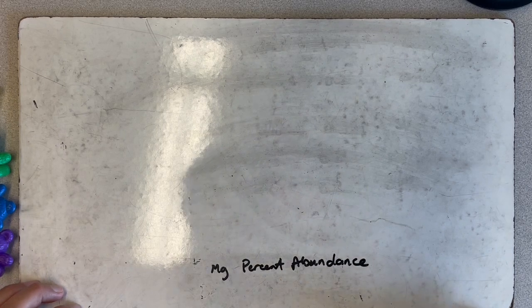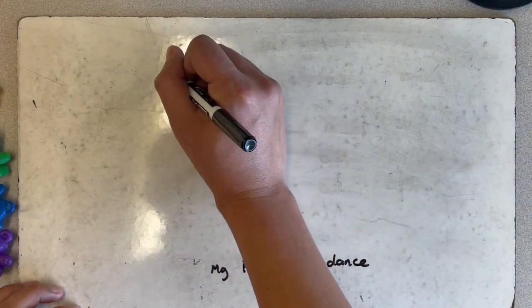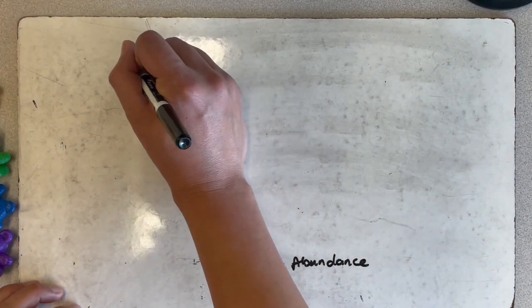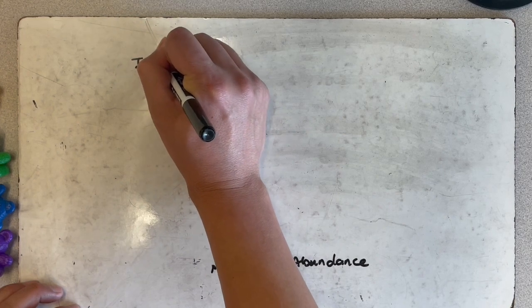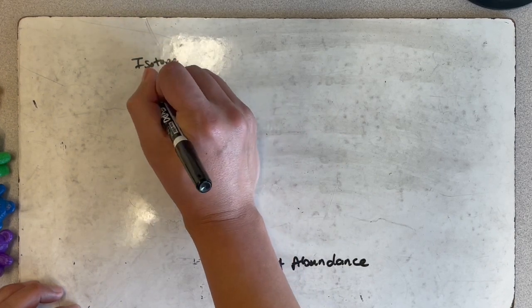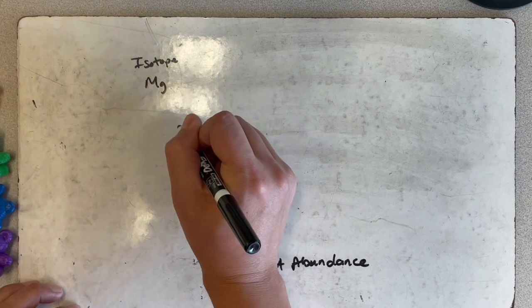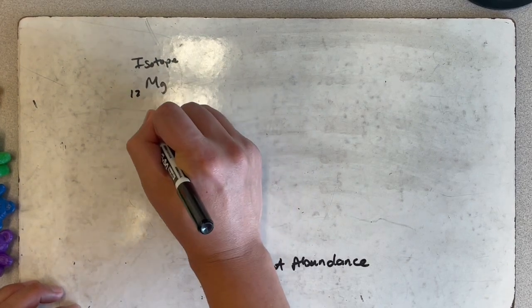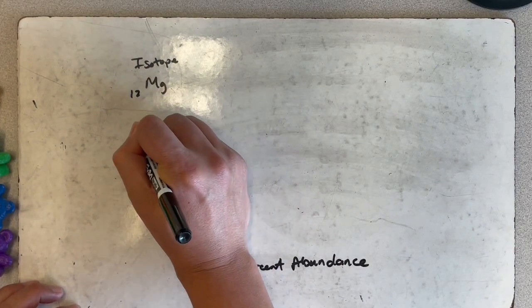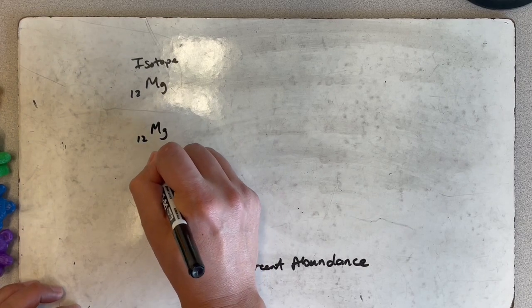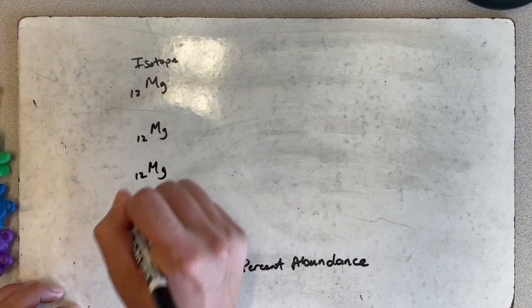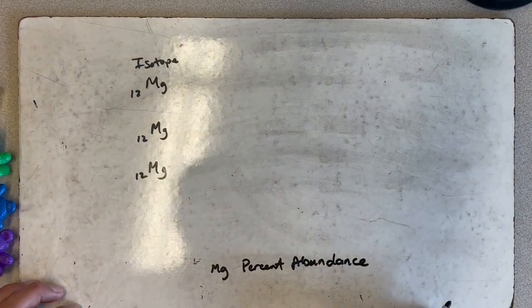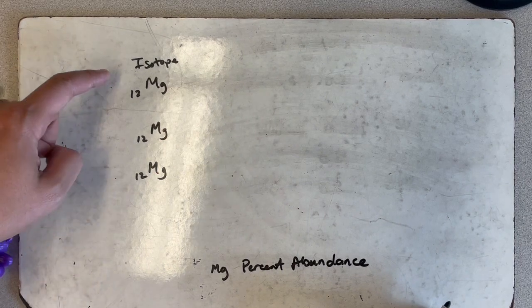So let's just say I have 3 isotopes of magnesium. Magnesium is Mg, and all magnesiums have 12 protons. That's what makes it magnesium. If I have 3 different isotopes, the difference in isotopes is their mass.